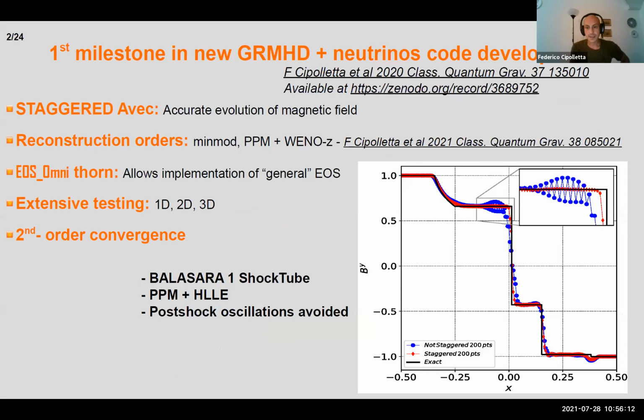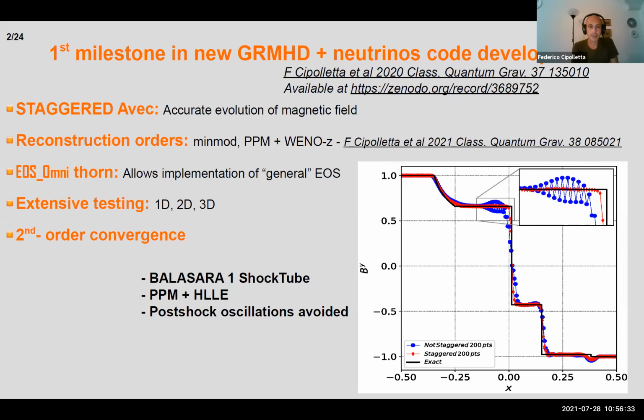So just to start with Spritz, we published our first paper in 2020. Here we presented the implementation that we did inside this code, which was an old project by Bruno.